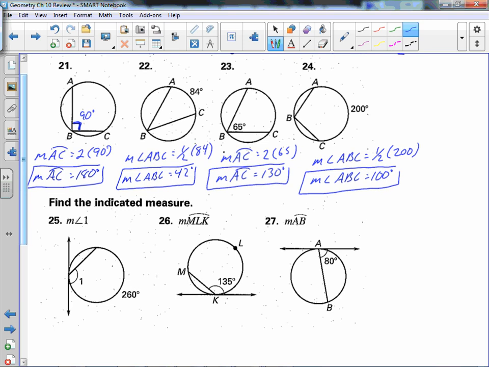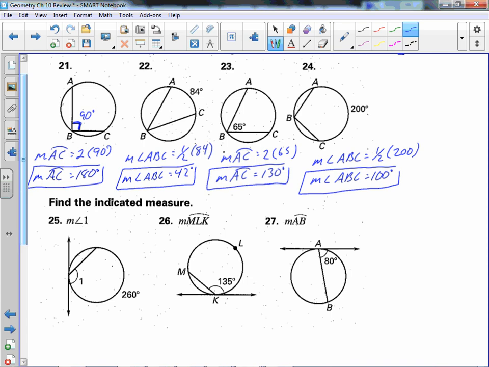All right, so 25 through 27, a little different situation. We've got a chord intersecting a tangent line at the point of tangency. And when we have that happen, the angles formed are half the measure of their intercepted arcs. So kind of the same rule we just went through.